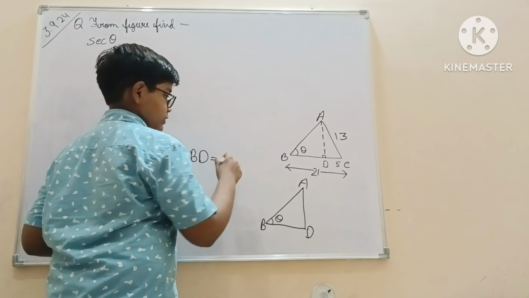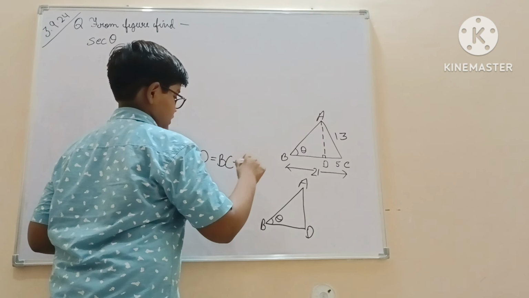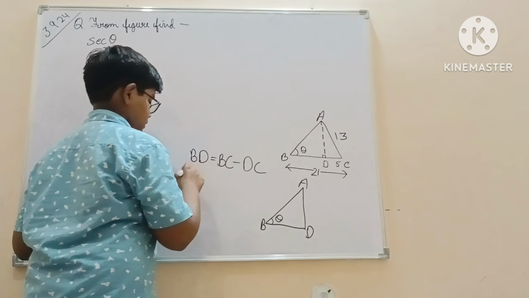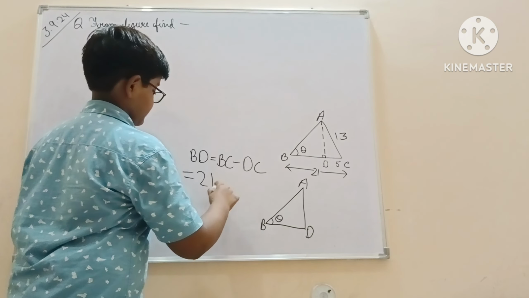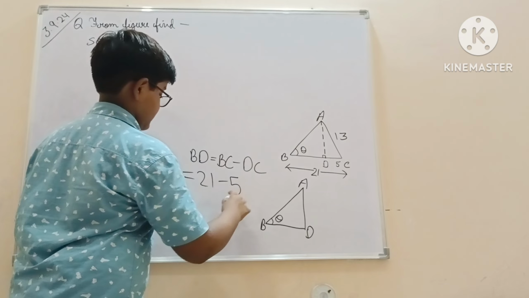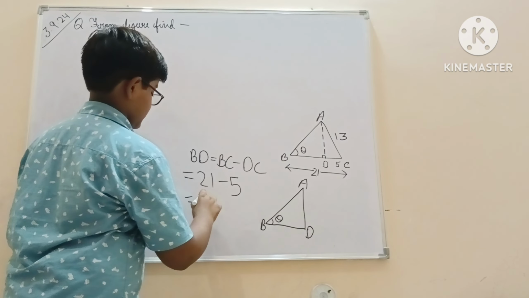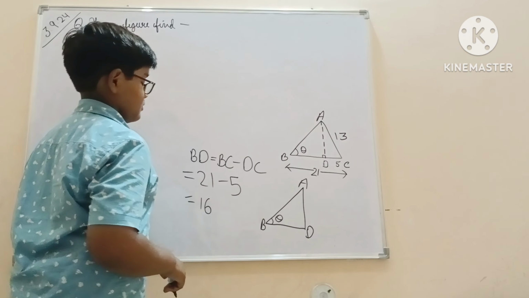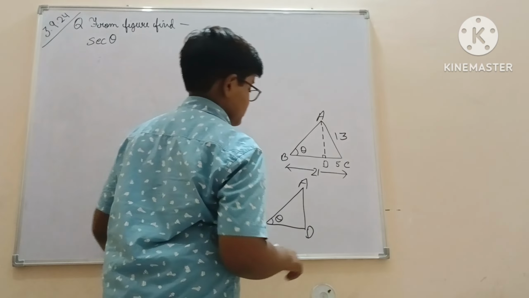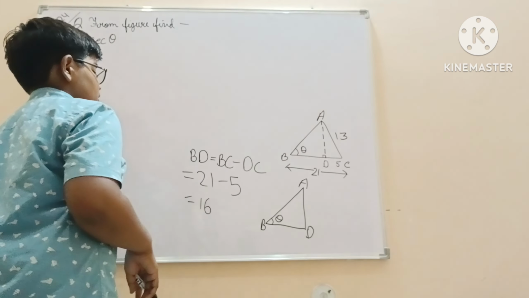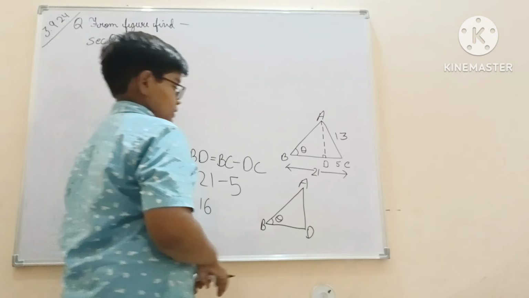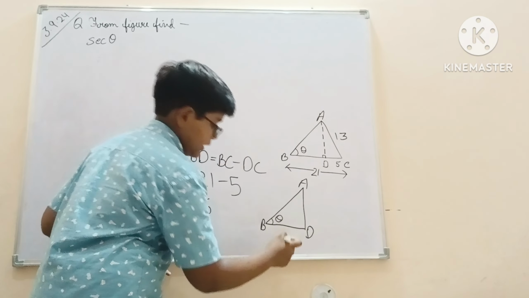BD is equal to BC minus DC, which is 21 minus 5, and that will give us 16. Now we have found the value of BD, which is 16.